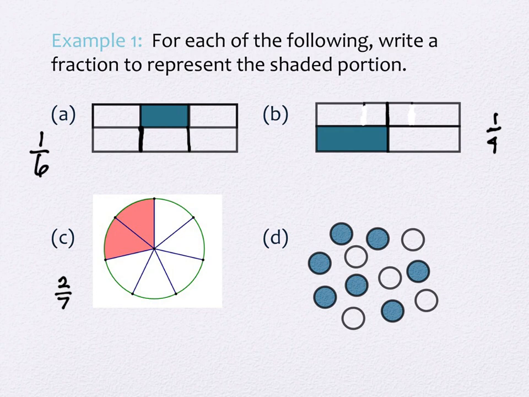So, how many are shaded versus how many are not? What's the fraction that you see here? 7 out of 12. Again, there's nothing about this one that's misnamed or anything like that. But the image is quite different because of how it's being portrayed. These are individual objects, not objects that are all one object split into pieces. All right, we will stop there for today.